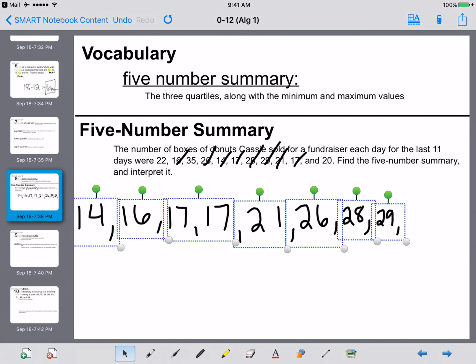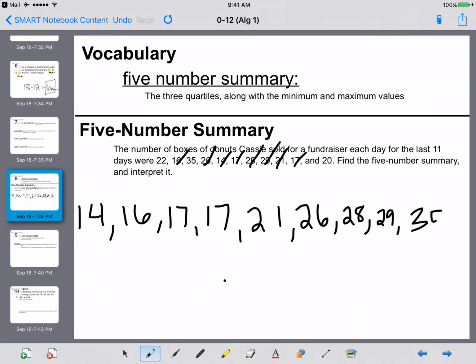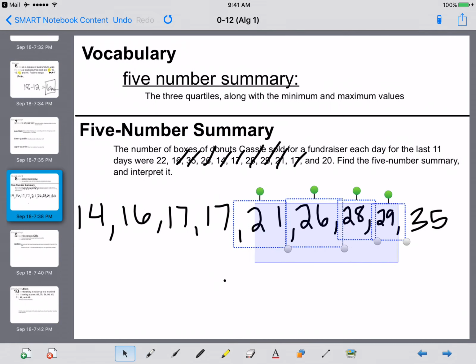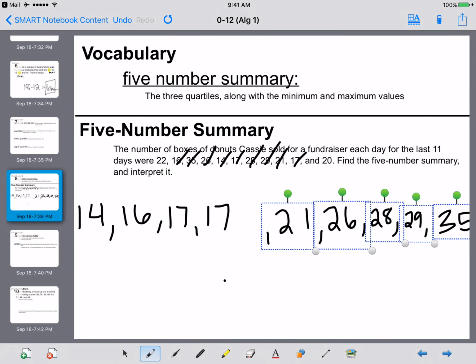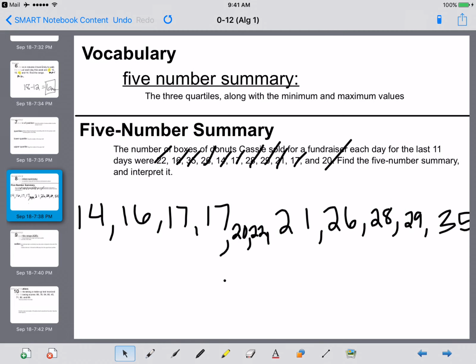I'm going to move that over so I can fit it. Ugh. 35. And then, guess what? I missed 2 numbers, so we're going to move over again. See, we're all human. We make mistakes. We've got to fit 20 and 22 in there. So 20, 22. Okay, I've got all my numbers. That's why you should cross them off as you go, because like I did, I missed 2 in the middle.